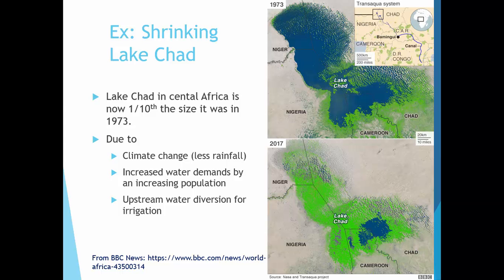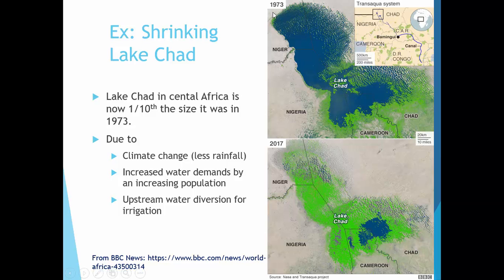If we look on a global scale, I wanted to bring up a very classical example of shrinking wetlands, and this is the shrinking Lake Chad. Lake Chad is really important geographically. It's in Africa, and you can see that it straddles a number of countries. As a result, there are socio-political issues that come up when this lake is shrinking, because each country is upset that they're losing part of the access to the lake.